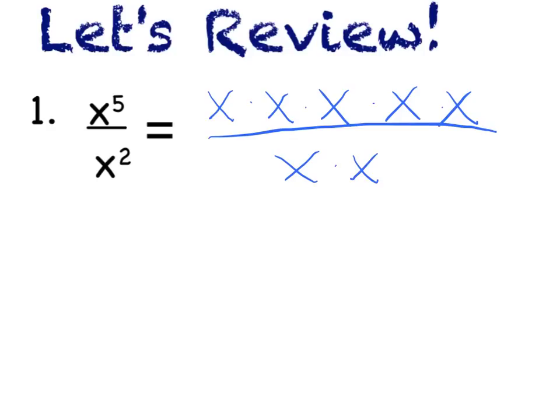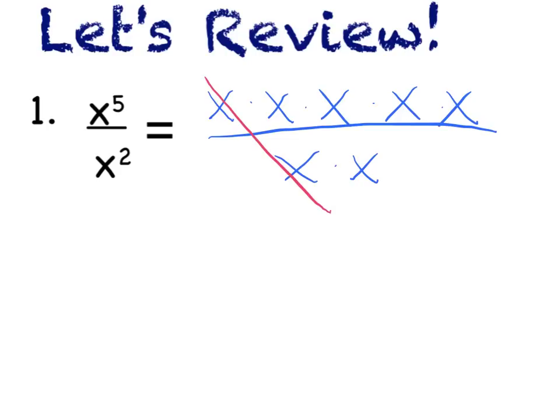So I'm thinking of the quotient rule. I want you to think about taking your factors like x to the 5th and writing them out. Same with x squared. Now, what you might remember from way back when you learned about prime factorization in elementary school is that when you have the same factors and you're dividing, you can cross them out. So I have 5 factors on the top and 2 on the bottom.